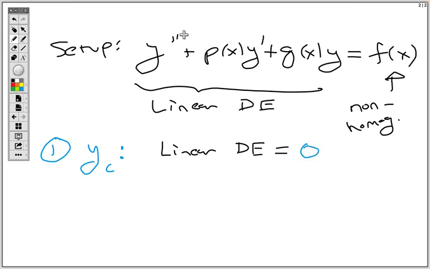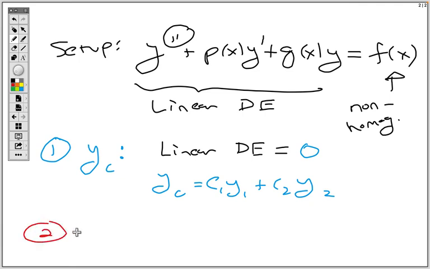And since it was a second order equation, we could expect 2 linearly independent solutions, so we would get c1y1 plus c2y2. And then we would go off to try to find a particular solution, a solution that addresses the non-homogeneous part.